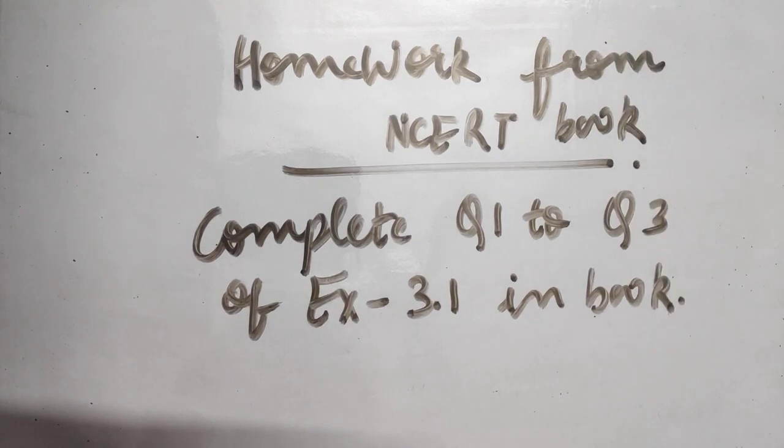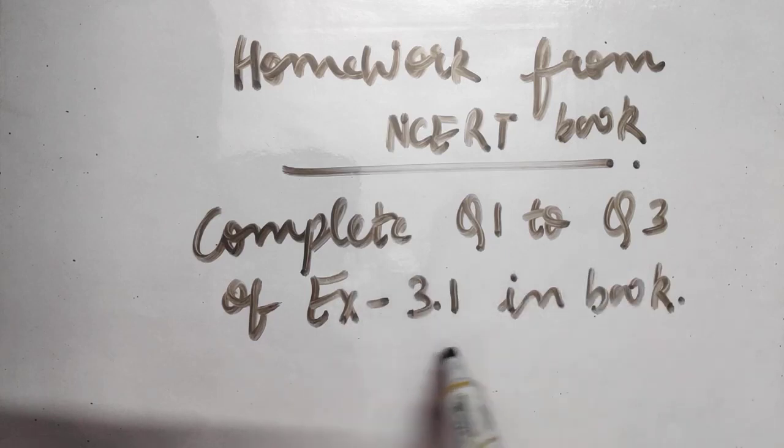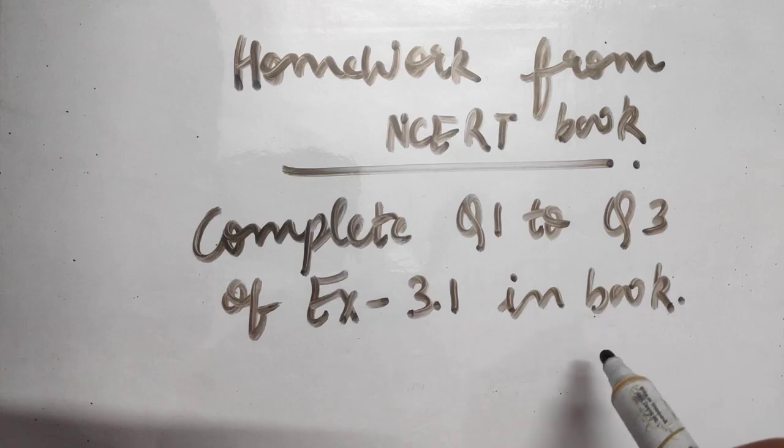Then we have learnt the definition of polygons, classification of polygons, types of polygons, and finally the angle sum property of polygon. On the basis of these concepts, I hope you will be capable enough to complete these 3 questions in your book, and you are supposed to revise the concepts taught in this lecture number 1.